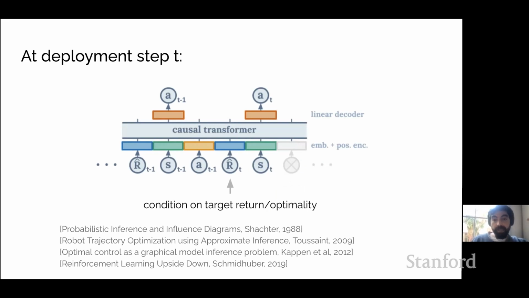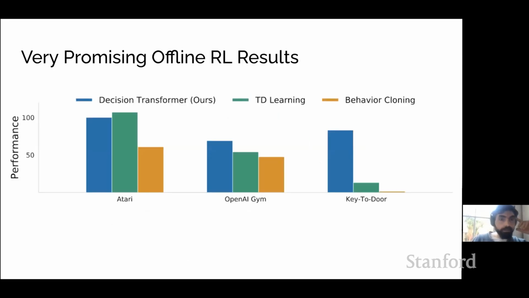For example, there may be some target score in a game that we've seen demonstration data, in the offline RL setting, was able to achieve. So we put that as the target. This idea actually goes back and has really interesting deep roots in optimal control and in inference land.